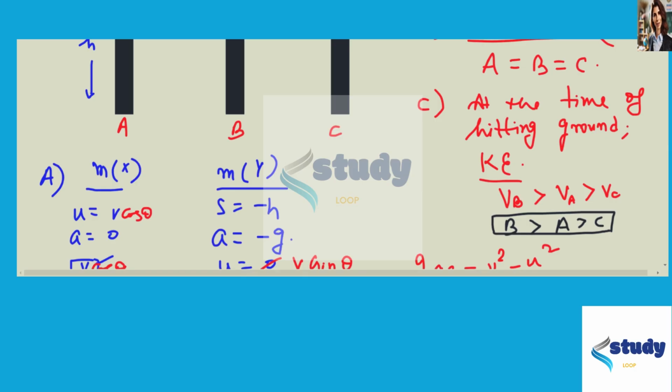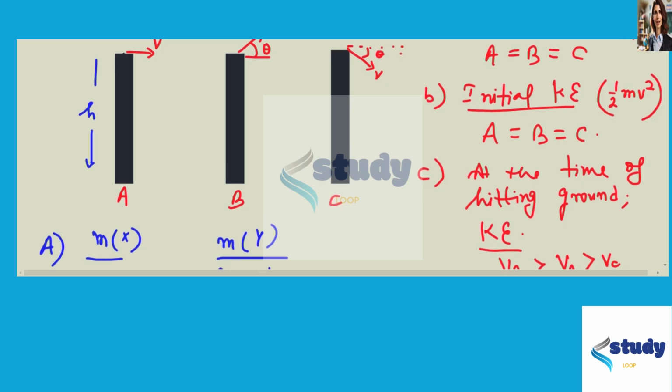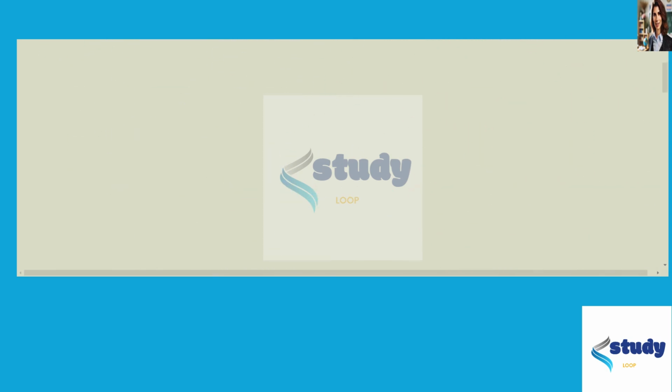And finally, if we talk about the time of flight in each case, that time of flight is dependent on the displacement and initial velocity. So let us just look at an expression of time of flight. From any height, let us say a ball is thrown at an angle theta from height h.